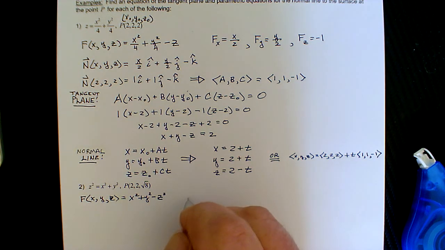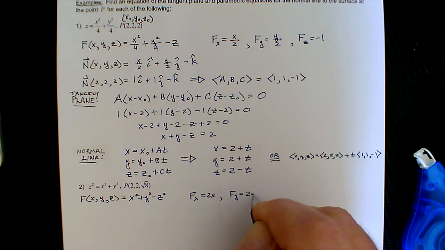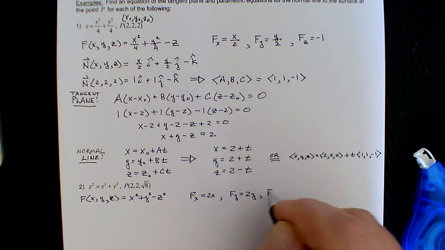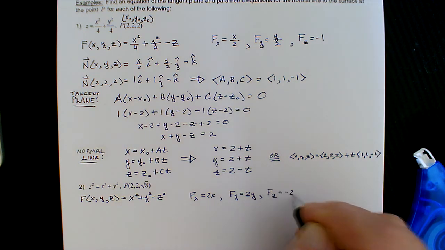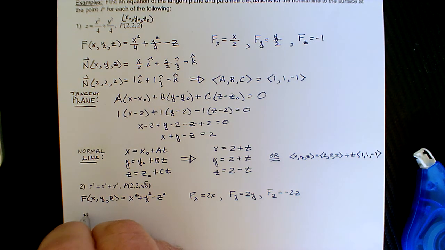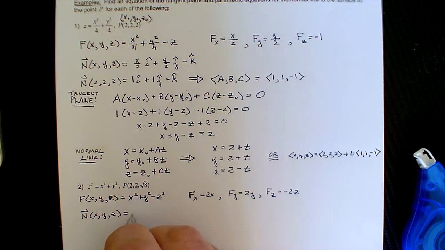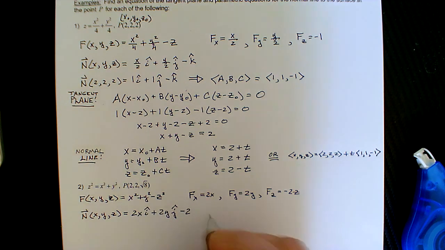And then let me find the partials, going off to the side again. F sub x, 2x, f sub y, 2y, f sub z, careful of the negative, negative 2z. So therefore the normal vector in general at any point x, y, z, so as a function, is 2x times i plus 2y times j, and then minus 2z times k.